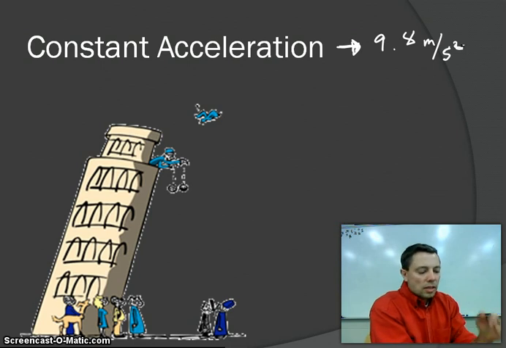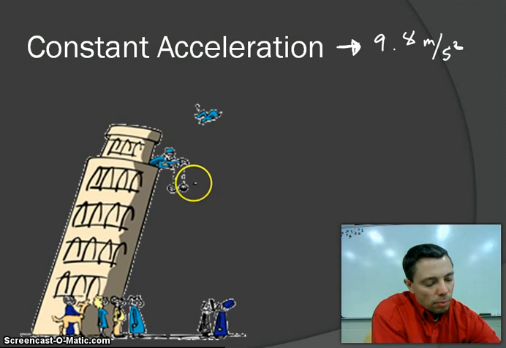So what he did, and there's no proven record of this, is he went to the top of the Leaning Tower of Pisa. He took two objects that had different mass.